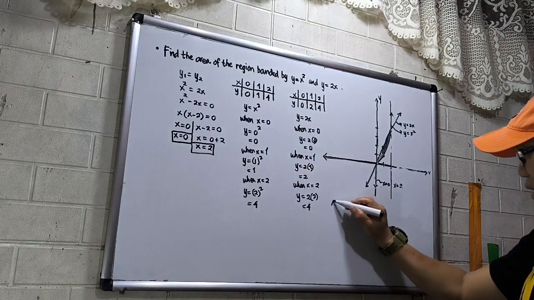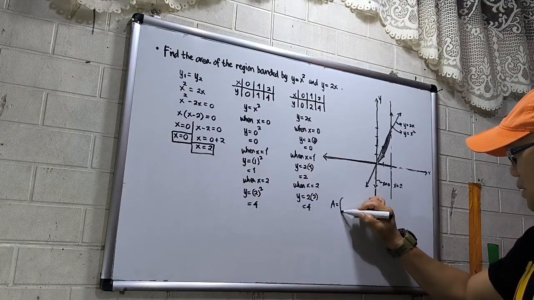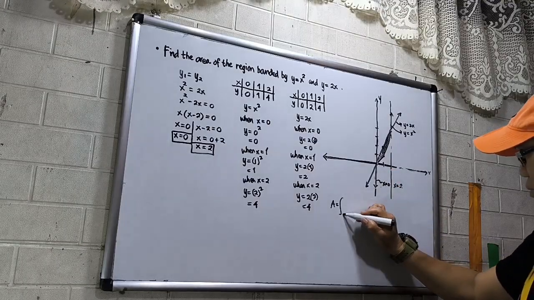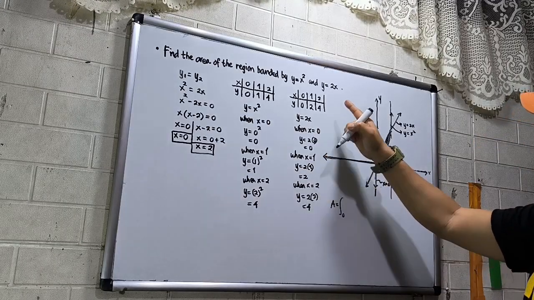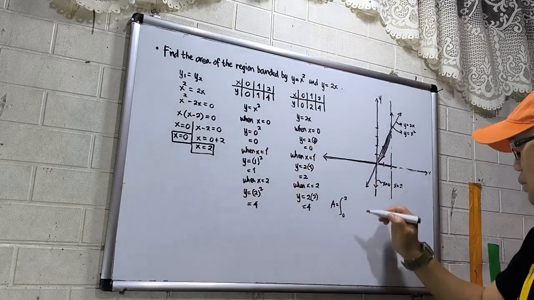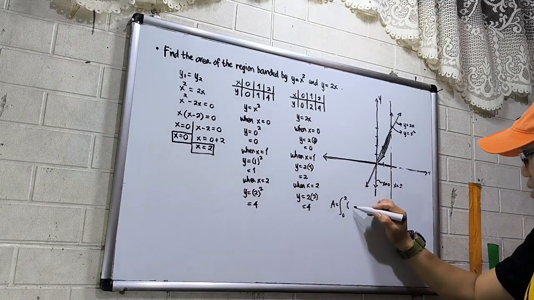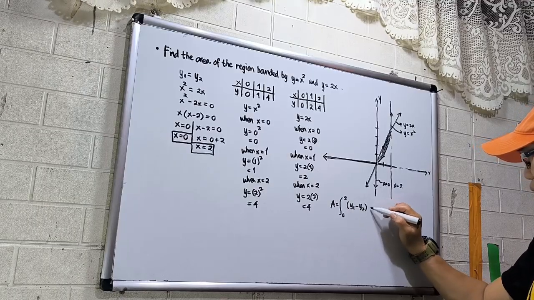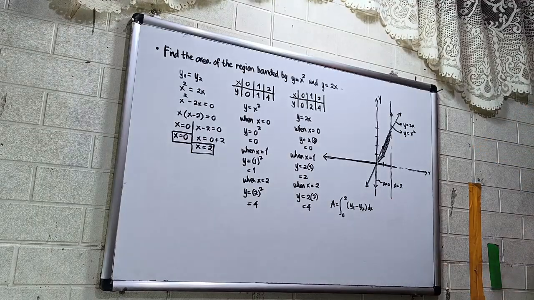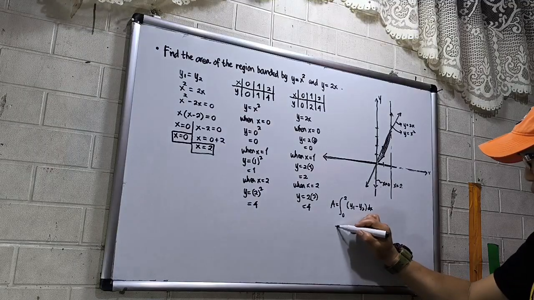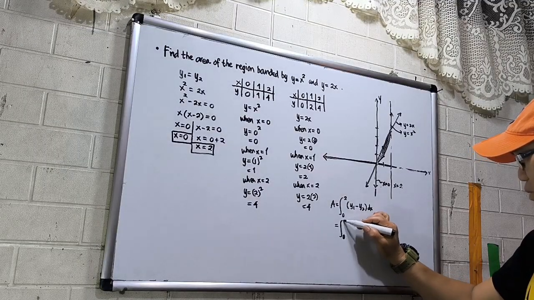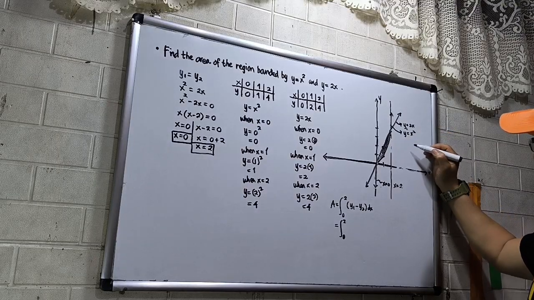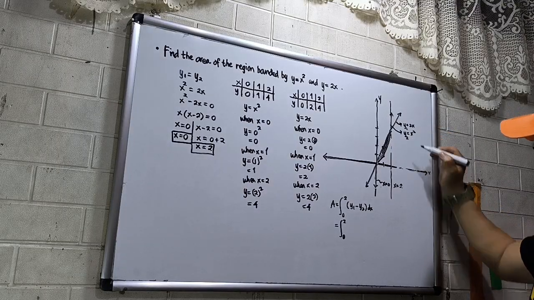Then I will use area equals the integral from 0 to 2 of (y1 minus y2) dx. The line will be y1, and the curve is y2.